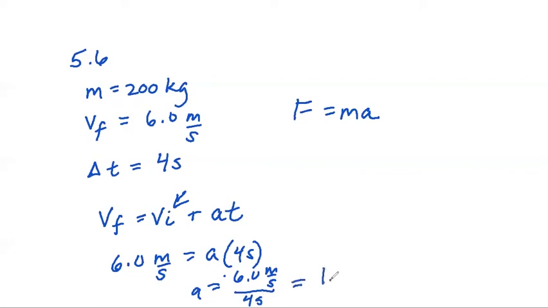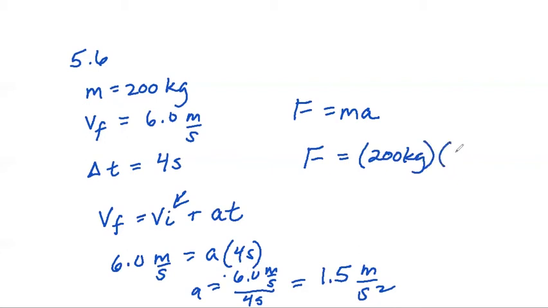That's going to be equal to 1.5 meters per second squared. All right, now I have my acceleration, I've got my mass, so now force equals 200 kg times 1.5 meters per second squared. And that's going to give me 300 newtons.